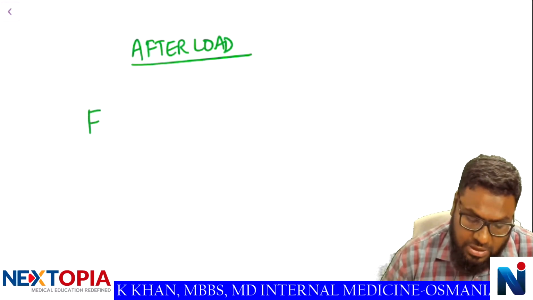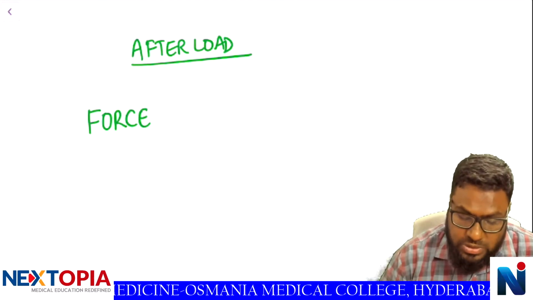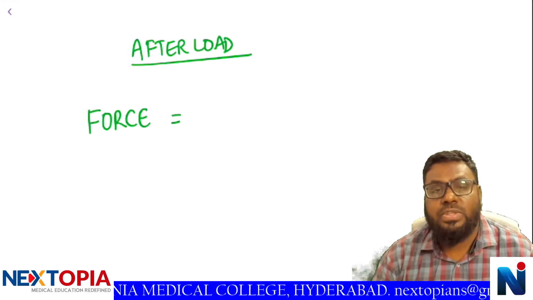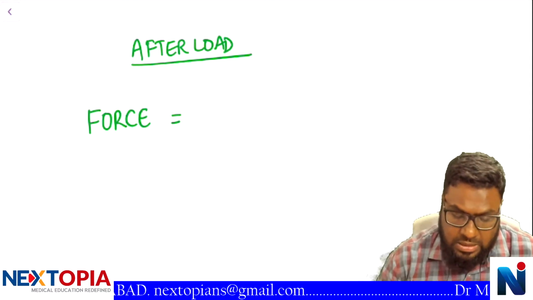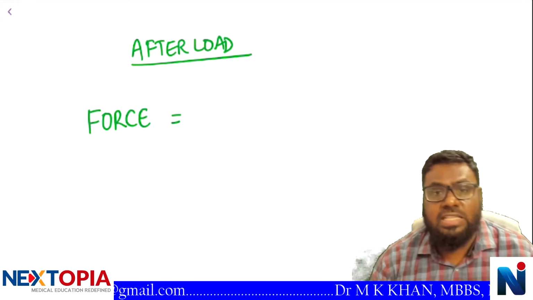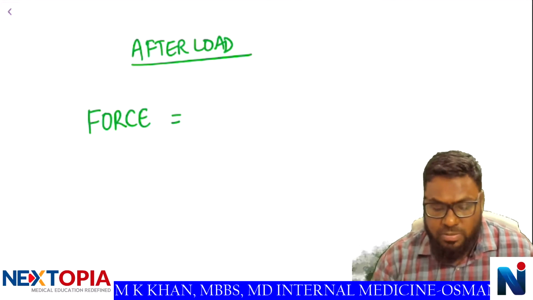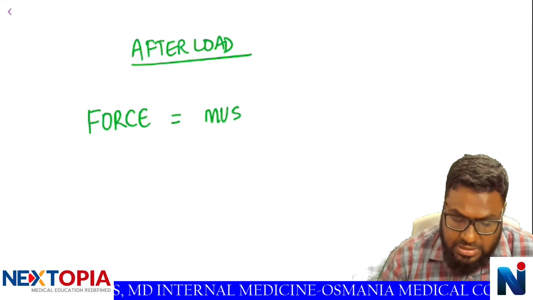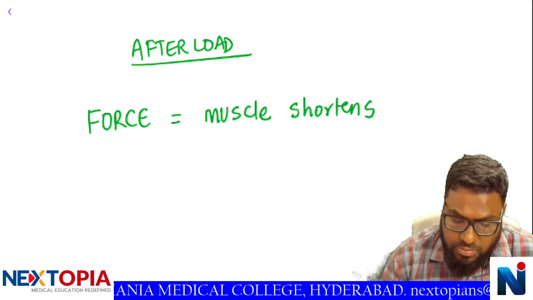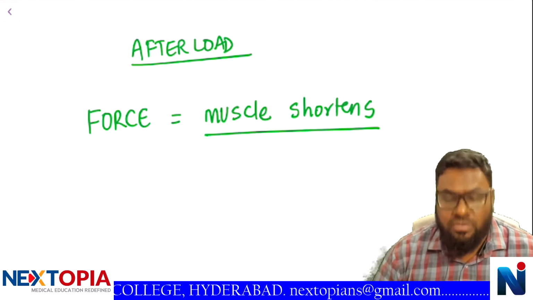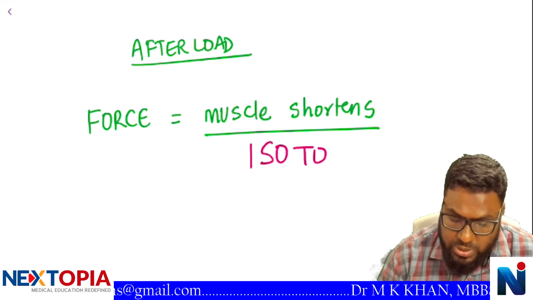I repeat. If the force generated is enough to move the muscle against the afterload, then the muscle shortens. This contraction with shortening is called isotonic contraction.